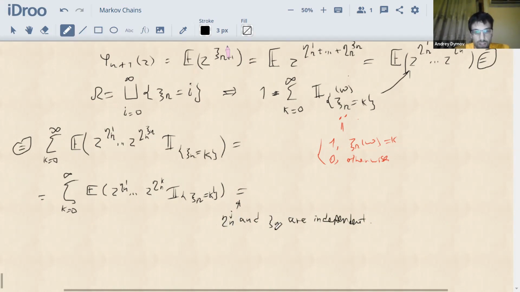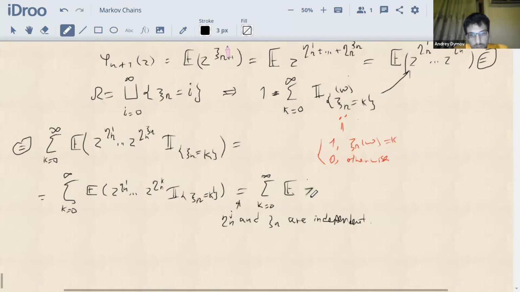That's why these guys are independent. And then we use that the expectation of a product of independent random variables equals the product of expectations. Because now the number of terms in the product is deterministic. So we have got rid of this problem with the random number of terms in this product, and now it is deterministic.